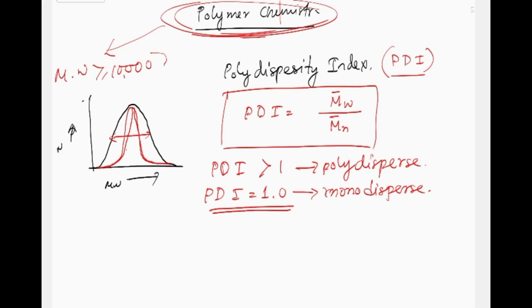If PDI is 1, we will obtain a peak just like this. So this is a very ideal situation. Getting a PDI of 1 is very difficult, because it's an ideal situation, and as we all know, ideal situations are very difficult to get.